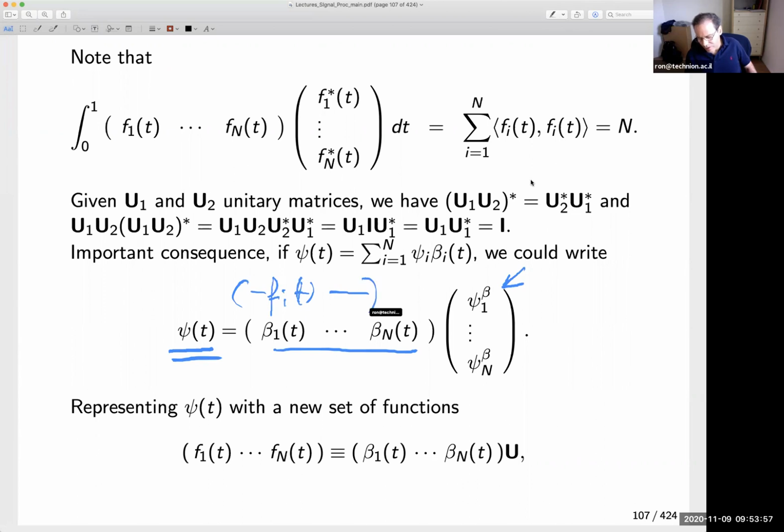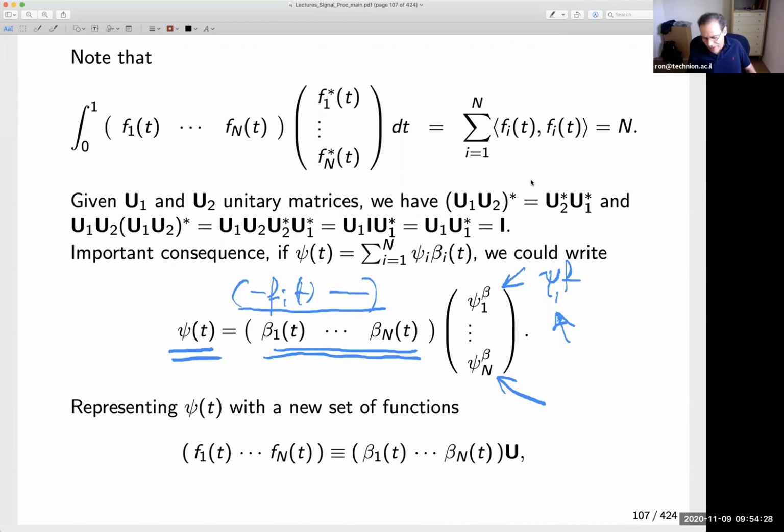Then the coefficients would not be psi_1 beta, but I would rather call it psi_1 of f. Okay, and the question is, what is the relation between these psi's and these f's? What is the relation between the coefficients of representing my signal with one set of functions and then with a different set of functions, where I know the linear, matrix relation between these two sets of functions?